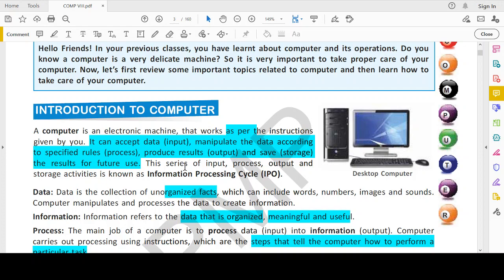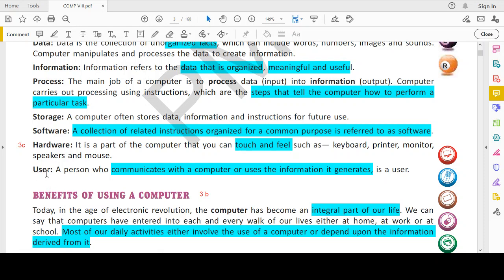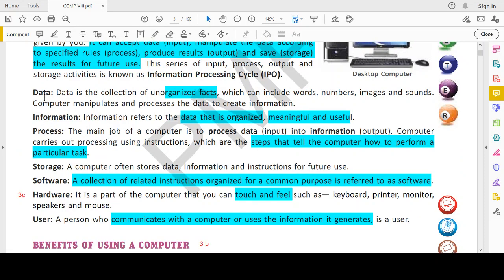So what do we come across? We come across the terms data, information, process, storage, software, hardware and user. So what do we process? We process data that are a collection of unorganized facts which can include words, numbers, images and sounds.